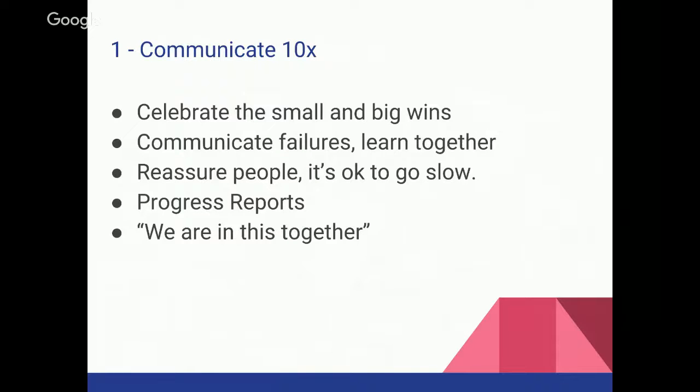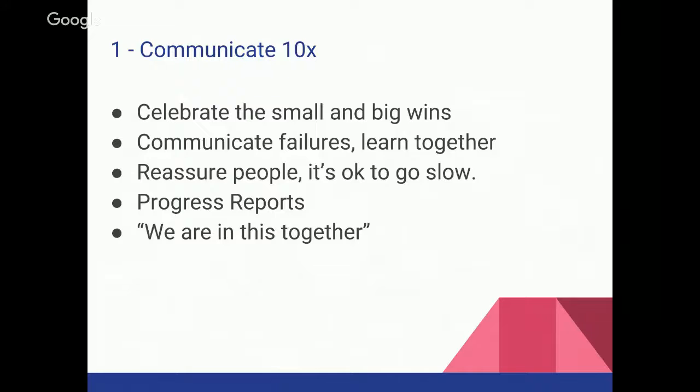First, communicate 10 times more than usual. That includes communicating failures and learning together, but it's also reassuring people it's okay to go slow.